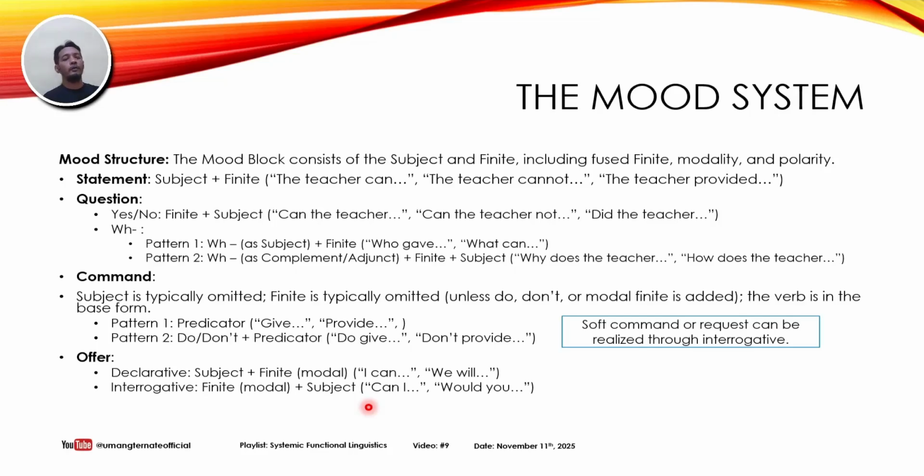Because systemic functional linguistics focuses on the meaning of the language and the function of the clause, because the function is not to demand or to obtain a linguistic response, but it is an offer. Then the interrogative is not always a question. We can say it like that. Okay.